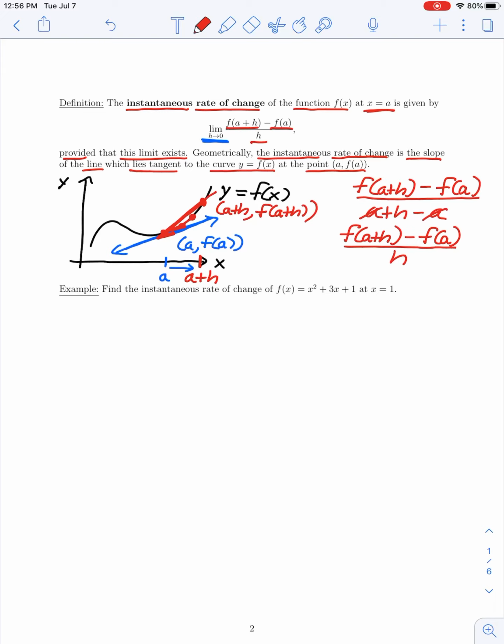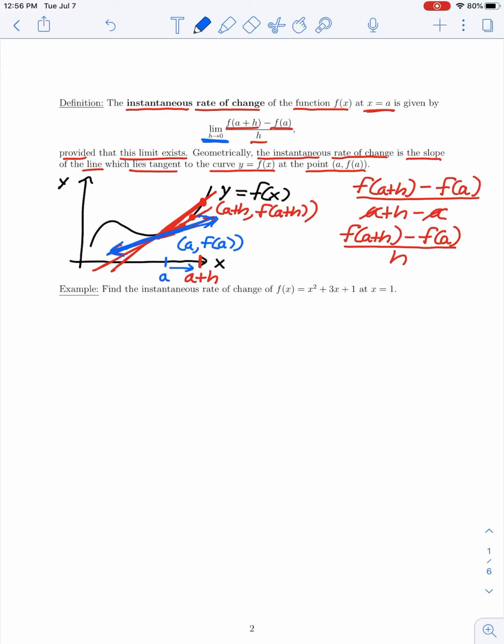So here the initial red line that I had was the following. If I make h a little smaller, I have the following line, which is a little closer to the blue line. And if I keep shrinking h towards 0, that is, if I'm moving these 2 points closer together, eventually the slope of my line is approaching the slope of this blue line, which I was interested in.